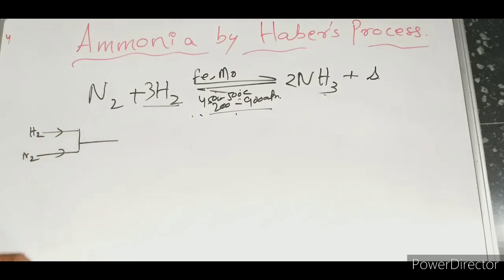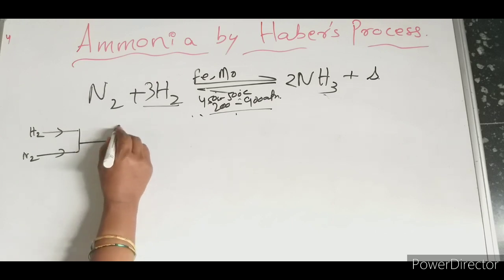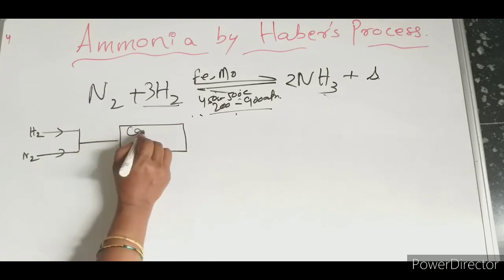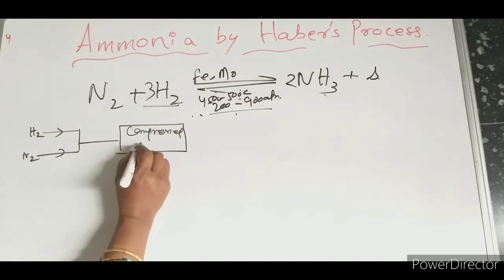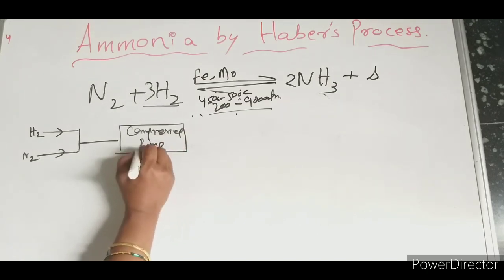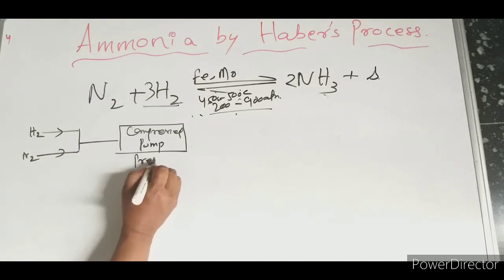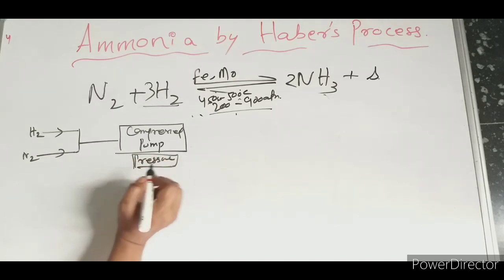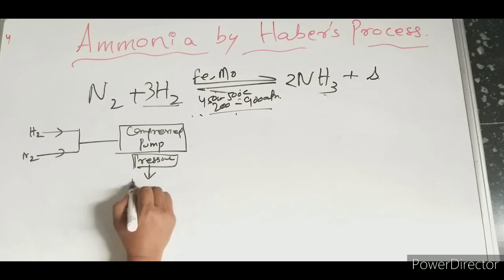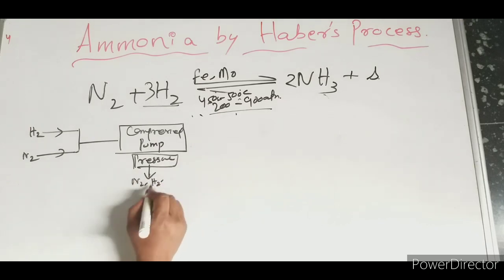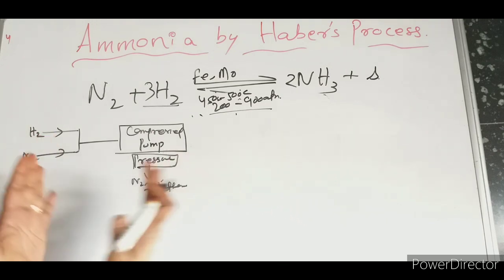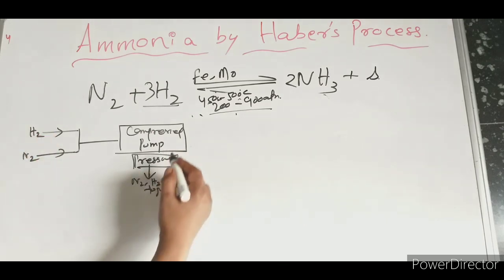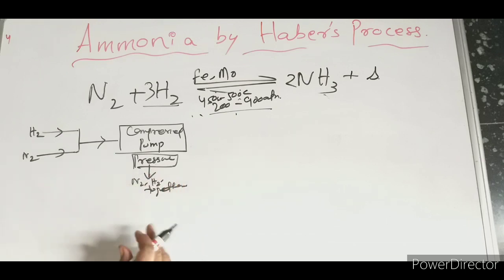This hydrogen and nitrogen first of all go to the compression pump. Compression pump means here we are applying pressure, making nitrogen and hydrogen come together.